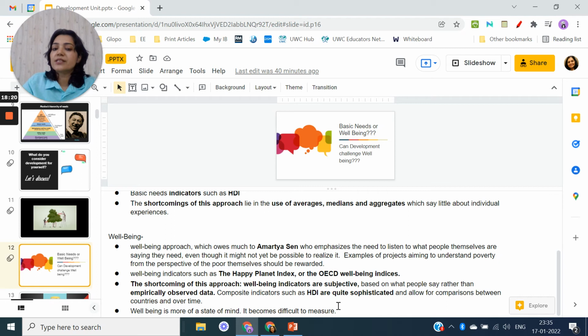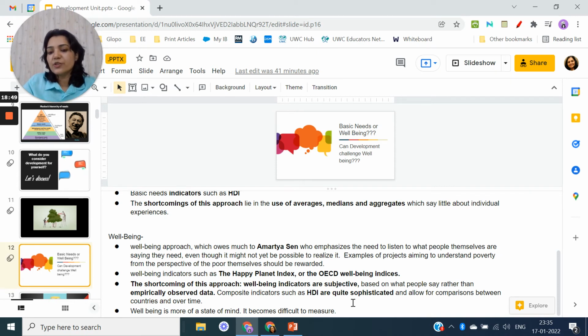Composite indicators such as HDI are quite sophisticated. When you are using HDI, you can actually compare between the countries over time also. But with these well-being indices, this can't be done. Though if you open OECD, you would be able to compare amongst the countries as well. But usually we say that HDI is more sophisticated than the well-being indices.